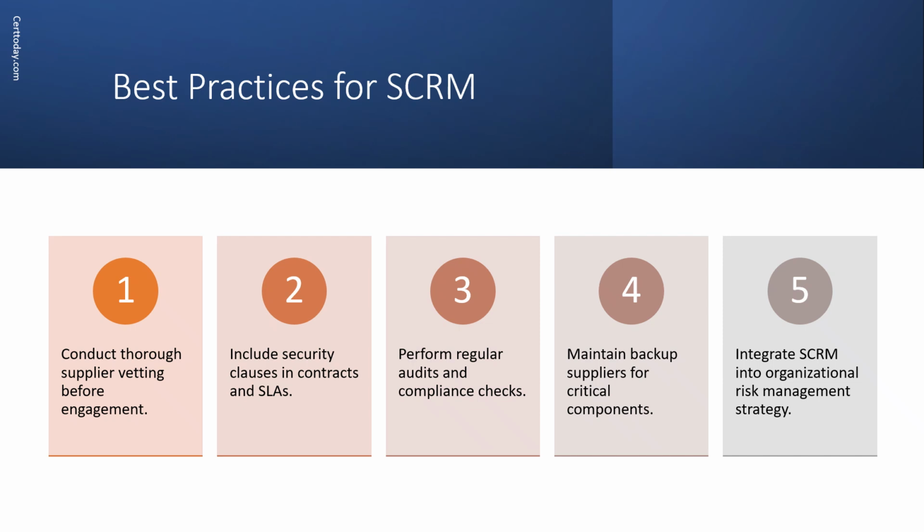For example, a defense contractor might apply these practices by requiring all suppliers to pass an annual security certification and having alternative vendors ready to fulfill urgent military hardware needs.